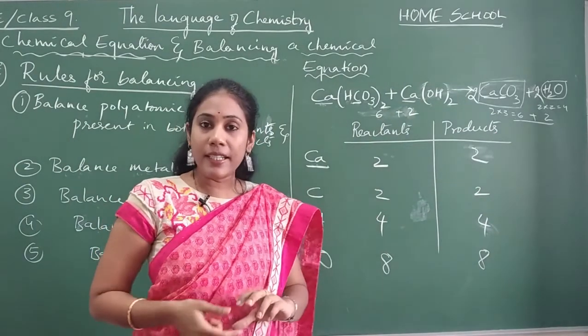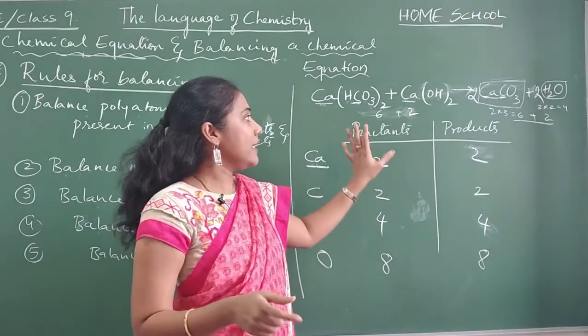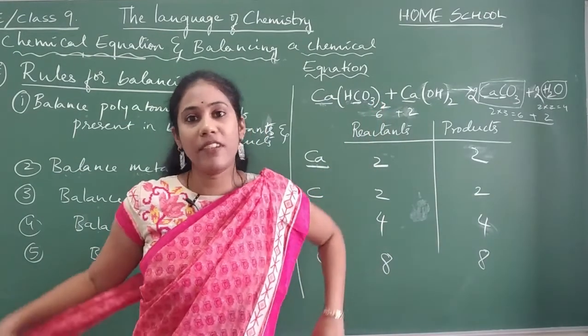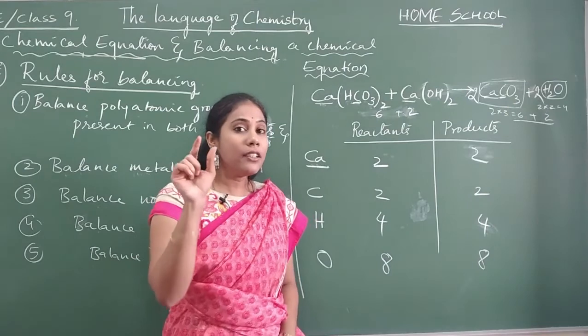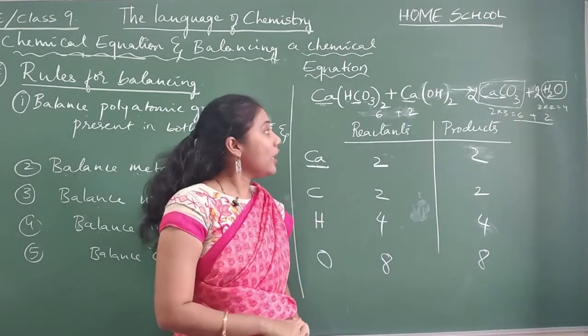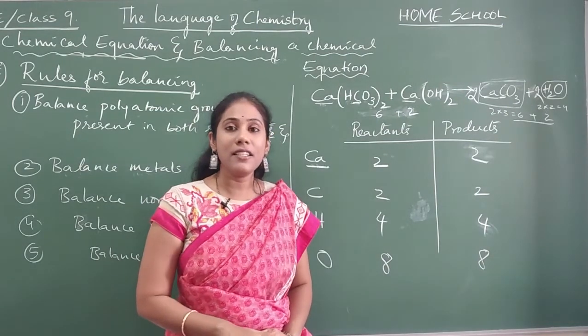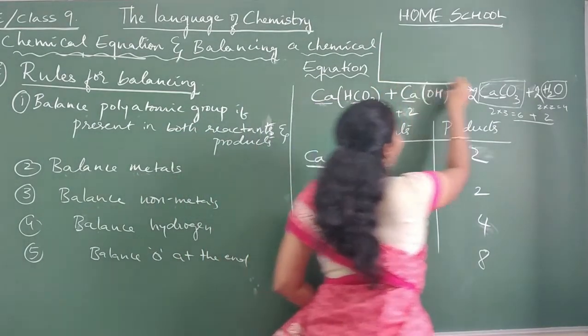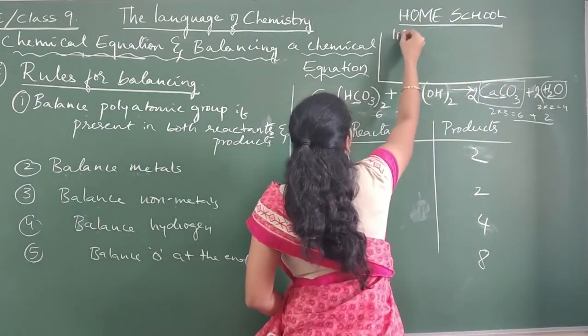So various aspects you can tell just by looking at the balanced chemical equation. But two factors you cannot tell just by looking at the balanced equations. They are called the limitations. Let us just have a look at the limitations now.